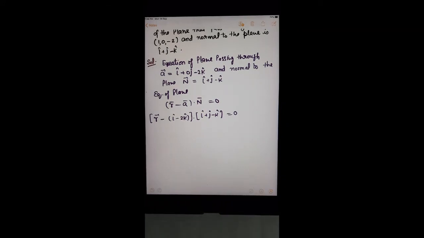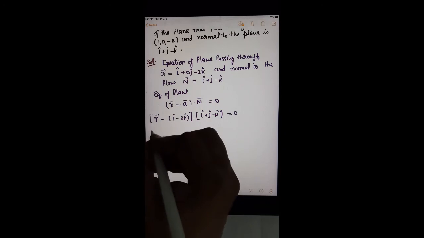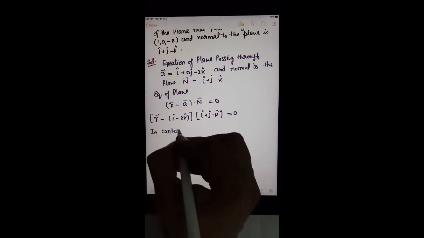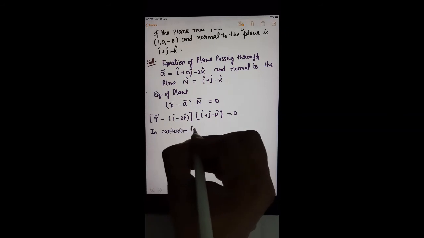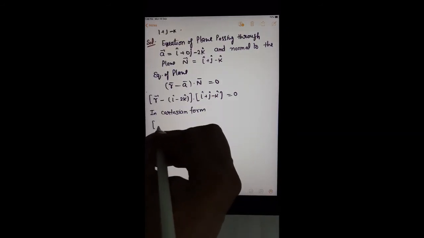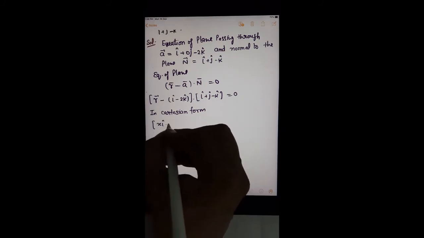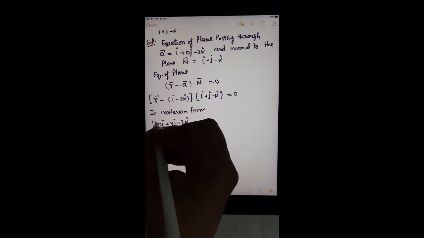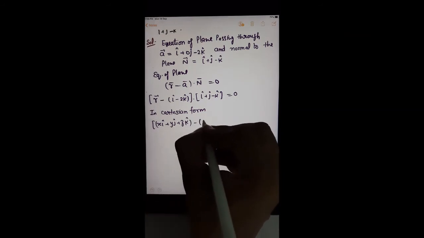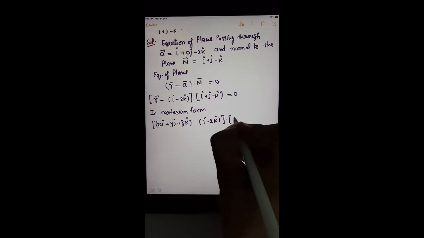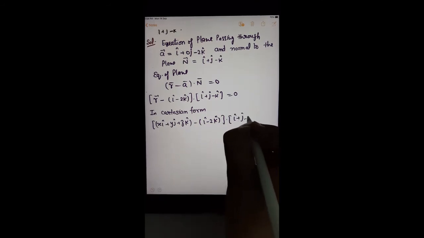To find the equation of plane in Cartesian form, place the vector r as xi plus yj plus zk minus i minus 2k, then dot product with i plus j minus k.